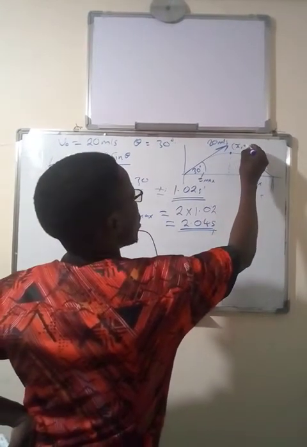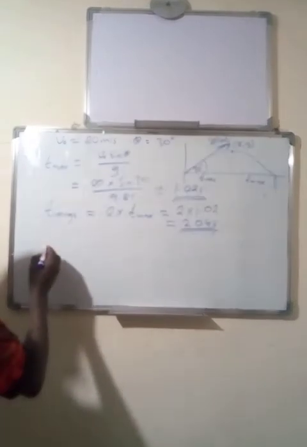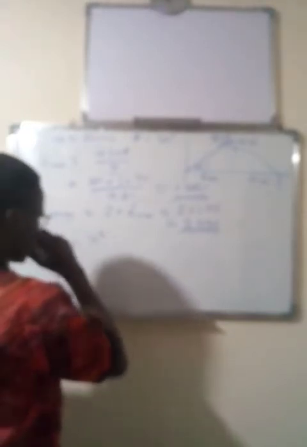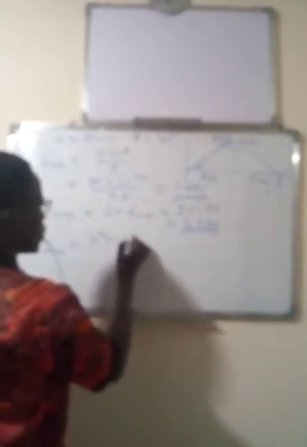So y maximum is going to be equal to V initial squared, then sine 2 theta.